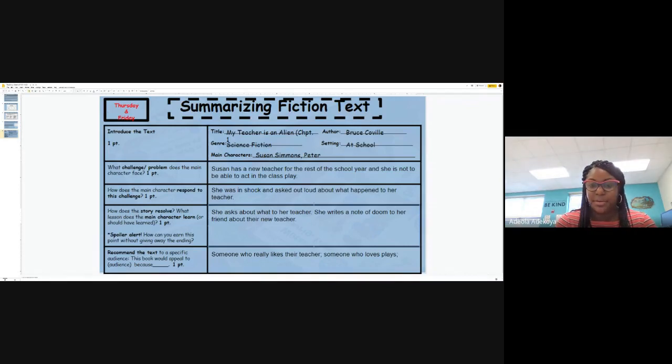But the problem that she's facing is that she now has a new teacher. His name is Mr. Smith. All right. So how does she respond to this problem?